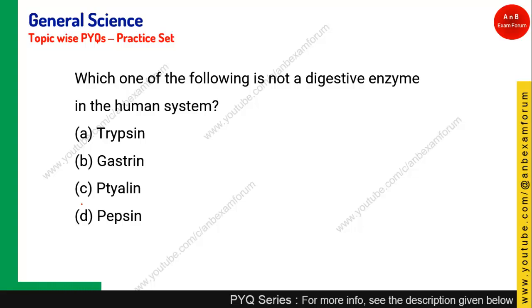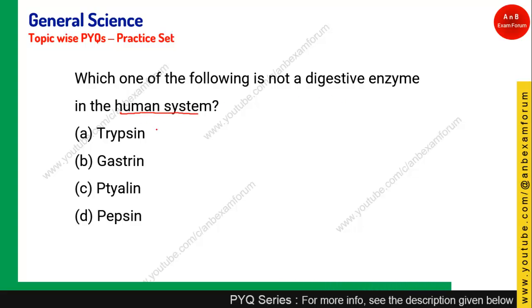The next question: which one of the following is not a digestive enzyme in the human system? Option A, trypsin. Option B, gastrin. Option C, ptyalin. Option D, pepsin.